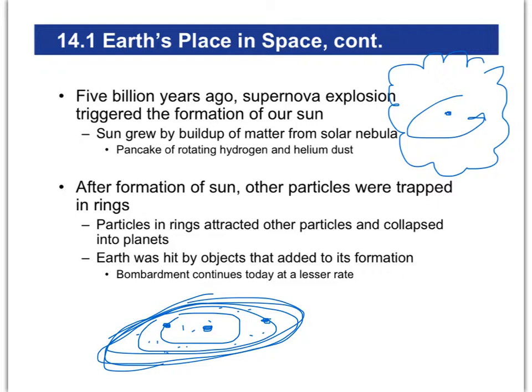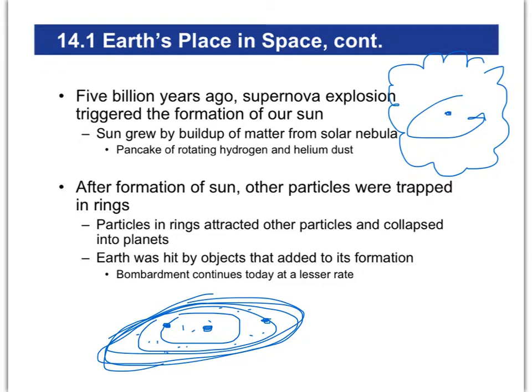Not so much anymore because a lot of these particles have already been attracted to one planet or another, but early on, the Earth was pelted by millions or even billions of these per day, if not per hour, because not all these particles had yet been attracted to a planet. The process of them being attracted to a planet by gravity is what causes them to move through the atmosphere.